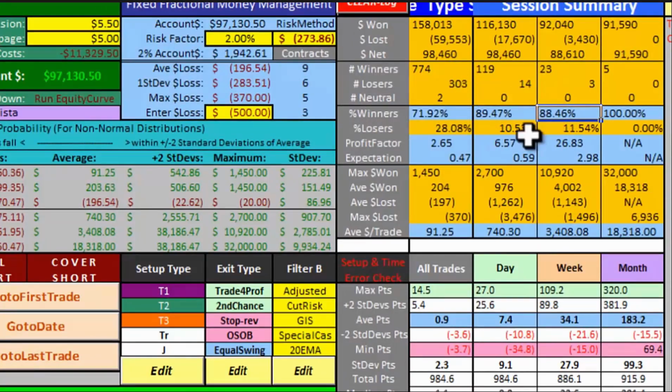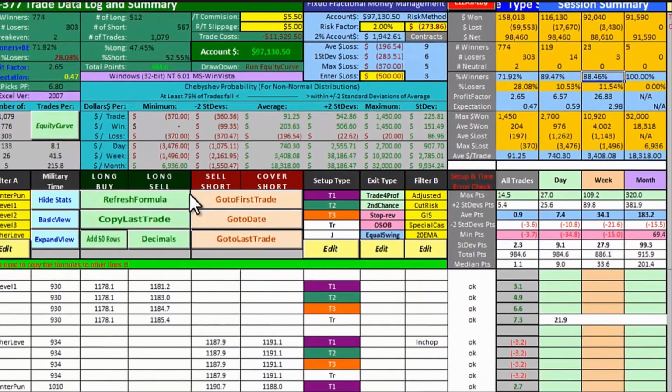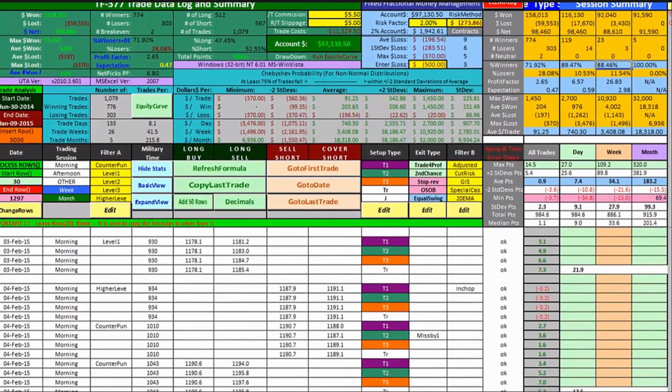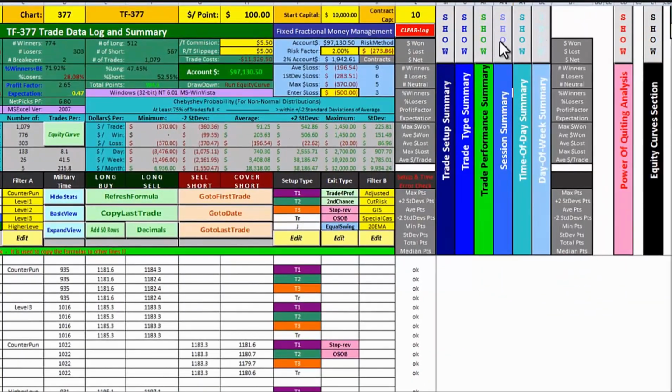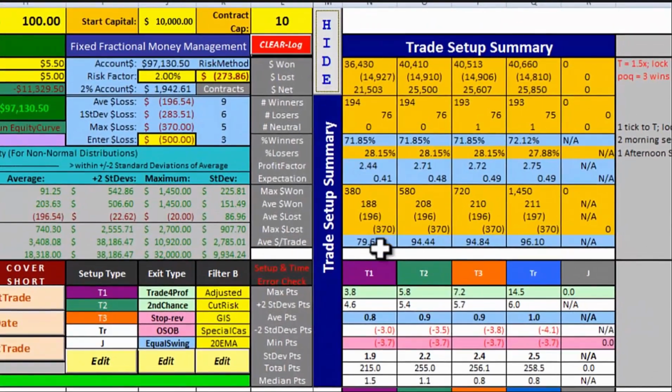And if I want to get better detail, I can come down to some of these tabs down here, or I could expand view and look at some of the summary subtotals. So for example, I might want to look at what target 1, target 2, target 3, and trail individually does. And you could see target 1, it's the same winning percentage as target 2 and target 3.